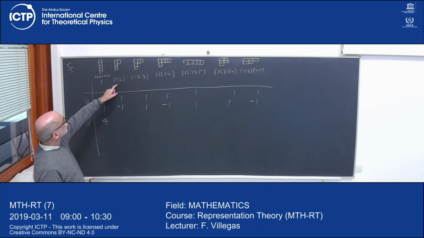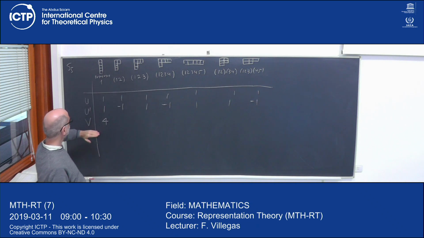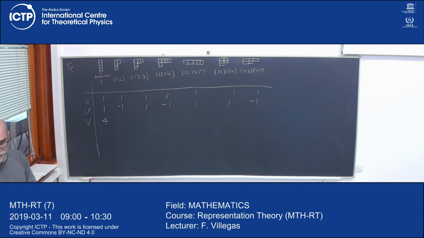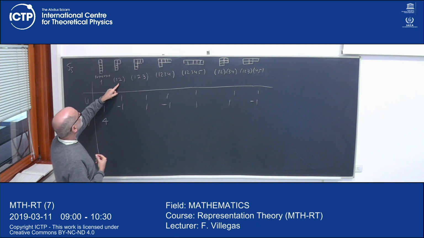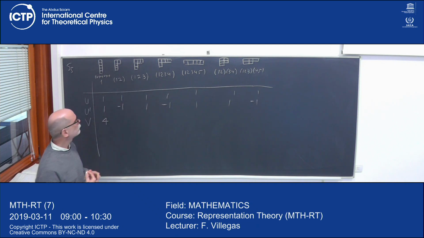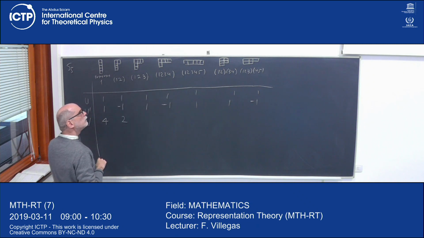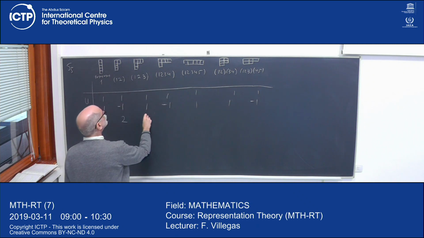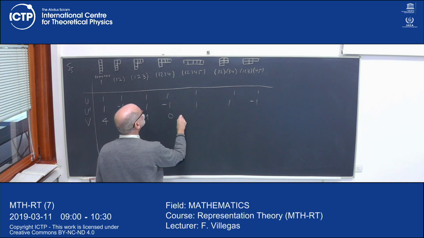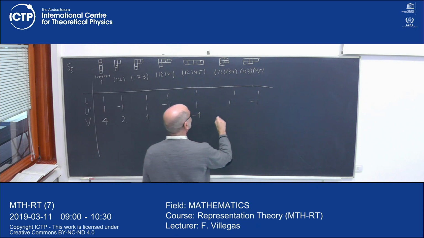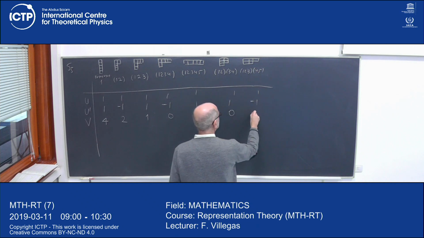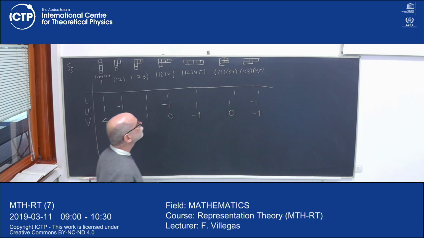How do we compute this? The fixed points are 3, so we subtract 1. This V plus a copy of the identity is just the natural action of S5 on 5 things. So this fixes 3 of those things. So subtract 1 is 2. So it's the number of fixed points of each element minus 1. So this should be 1, 0, minus 1, 0, minus 1.